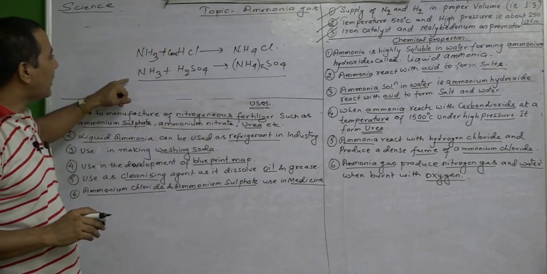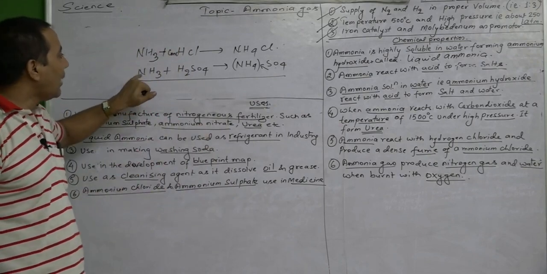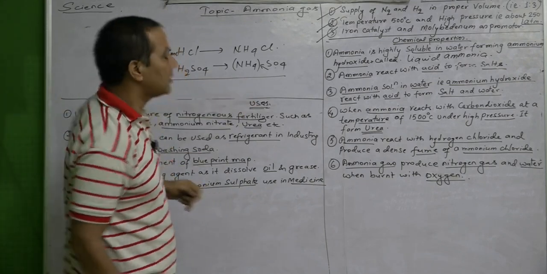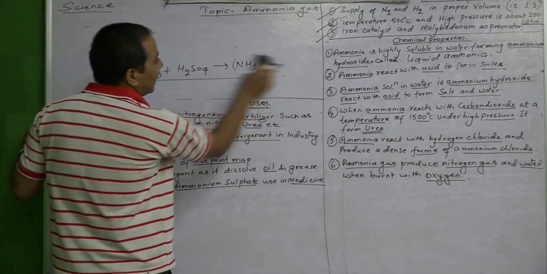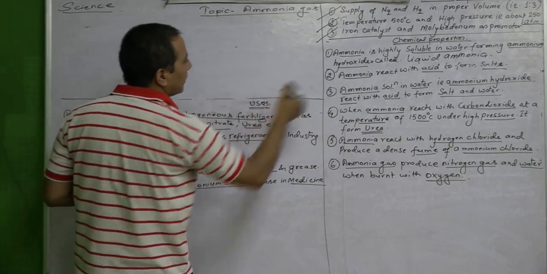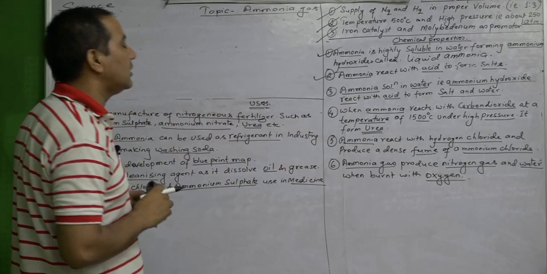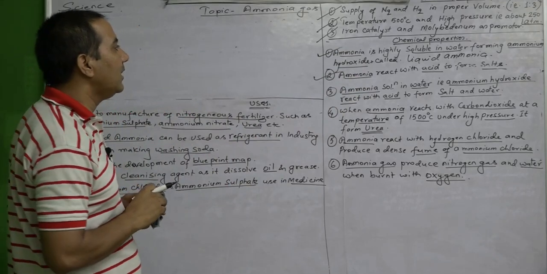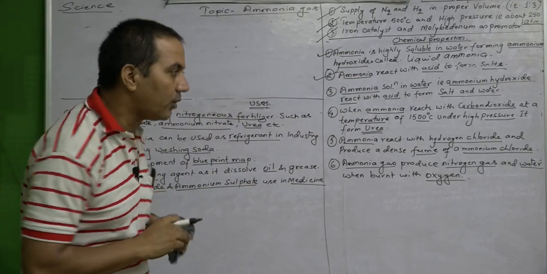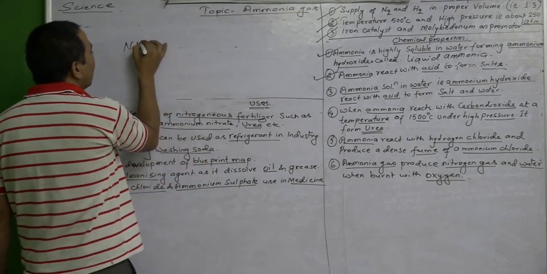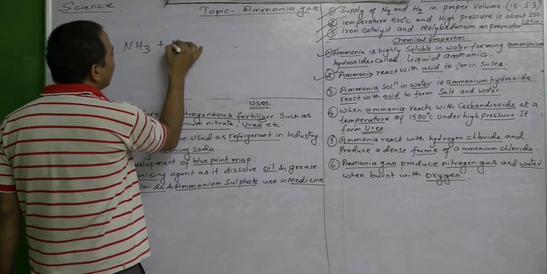So what we come to know is that when ammonia reacts with acids, it will form ammonium salt. Now comes the next point, that is when ammonia dissolves in water, it means ammonium hydroxide. Ammonia solution in water means what?